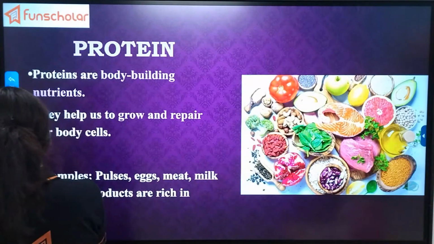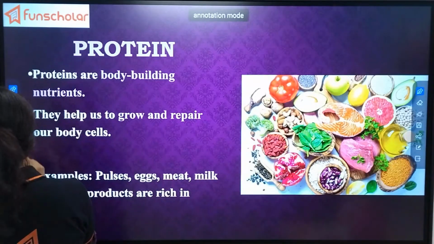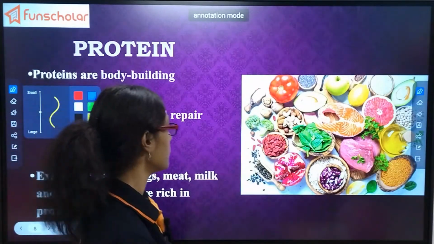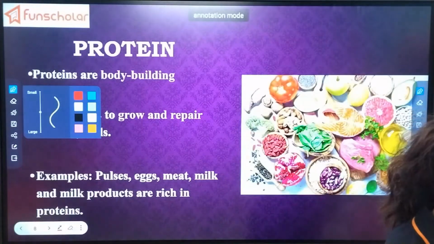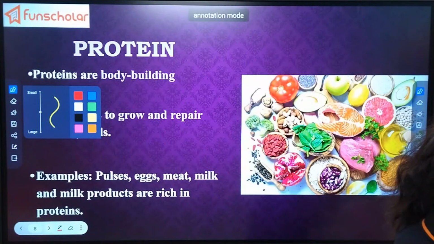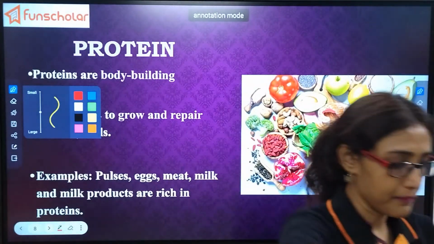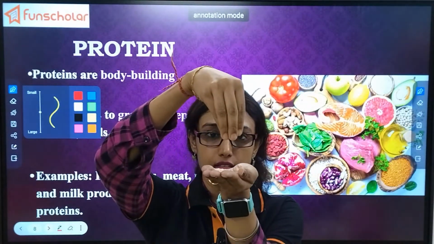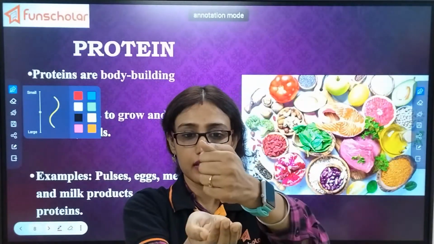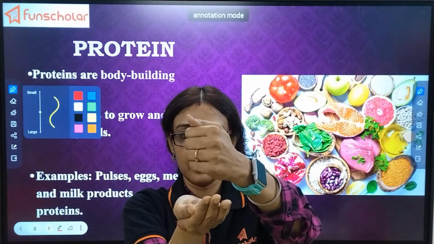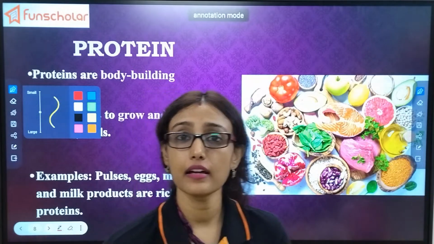Next comes protein. Okay, see, I have a few samples. What is this? This is dal. Okay. This is green moong dal. So this comes under what?